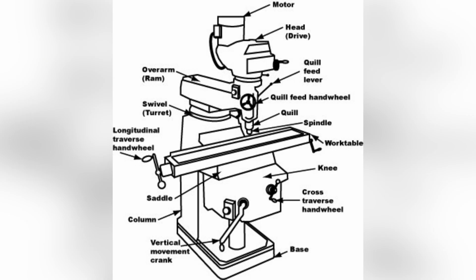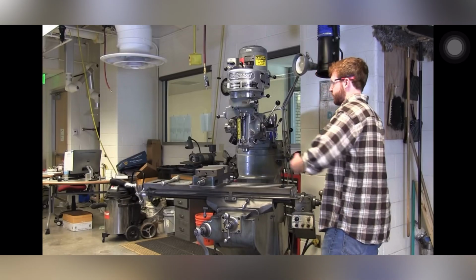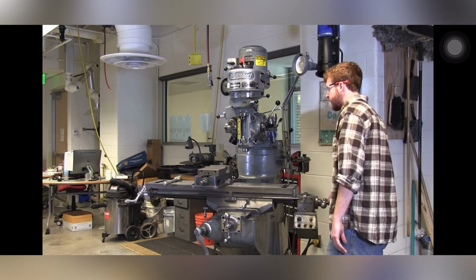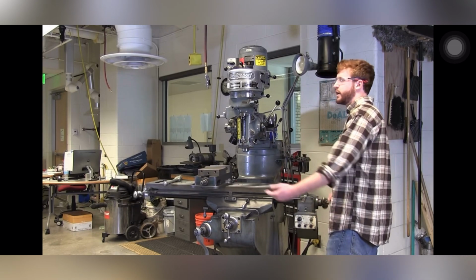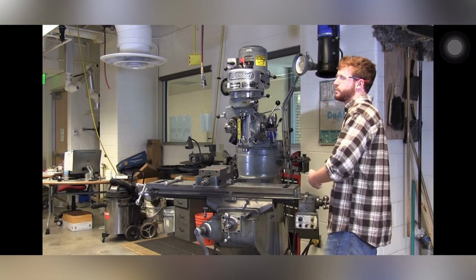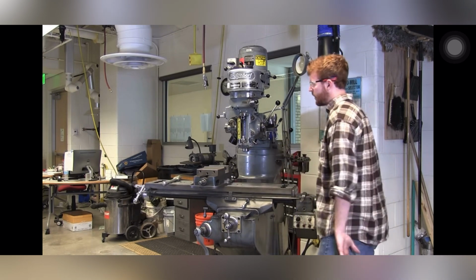Before we proceed with the milling machine process, I will show you the parts of the milling machine. This handle moves the table on the X-axis, left and right, moved by the longitudinal traverse hand wheel. Counterclockwise moves the table towards you, and clockwise moves it away from you.